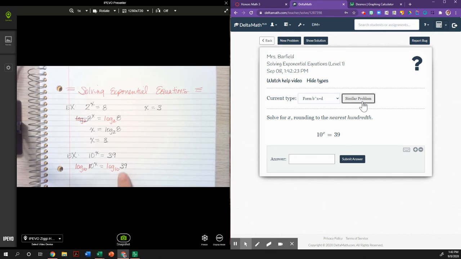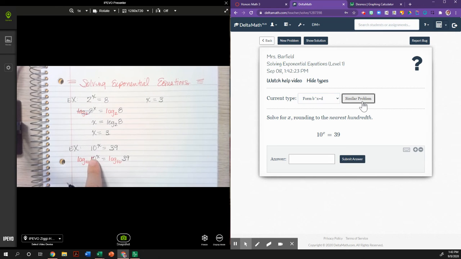So whatever the log is here, I do the log over here, okay? And whatever the base of my exponent, that's the base of my logarithm. So now this cancels, so I'm left with x equals log base 10 of 39. Okay, and I know that this is some type of decimal value.